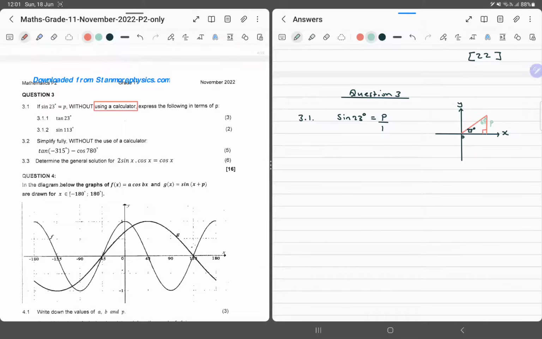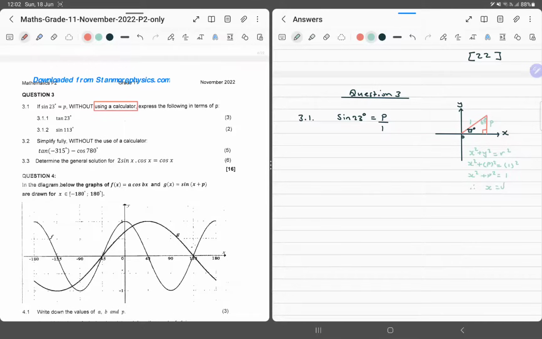So this is P, and that's the hypotenuse. And then we know that x squared plus y squared equals r squared. X is what we want, plus P equals 1 squared. Therefore, we've got x squared plus p squared equals 1.